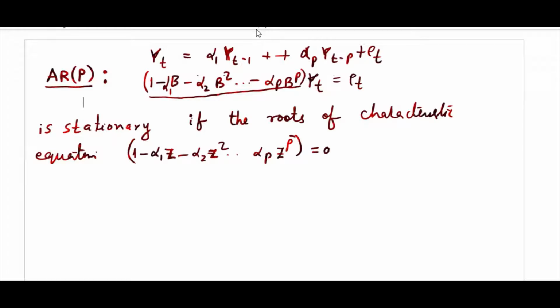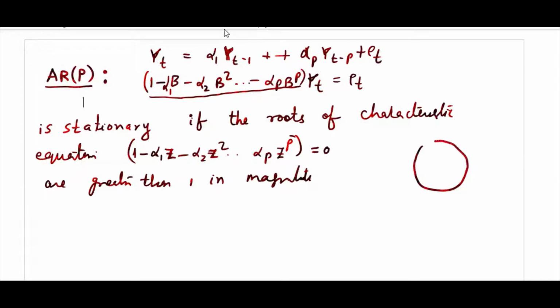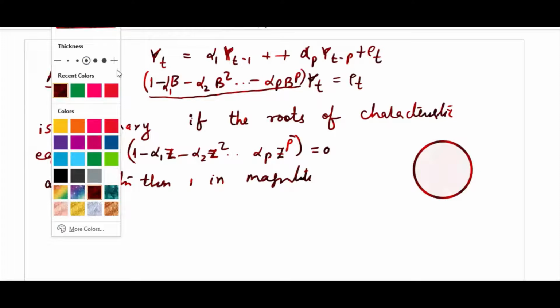All the roots, if you find, are greater than 1 in magnitude, or they lie outside the unit circle, you can write, because you might get complex numbers. In that case, the roots should be outside.